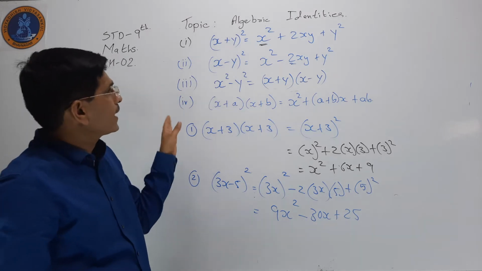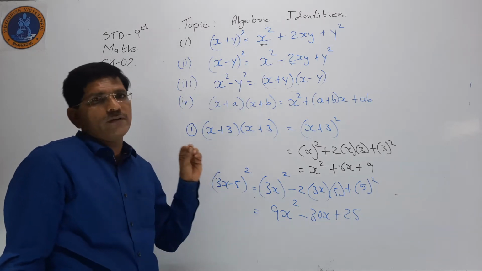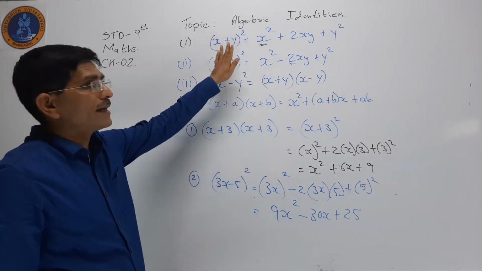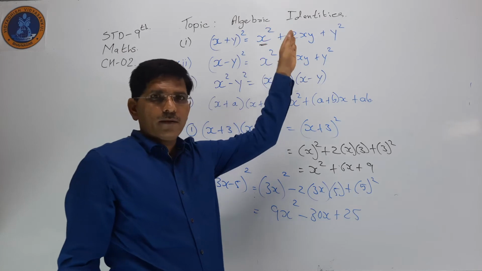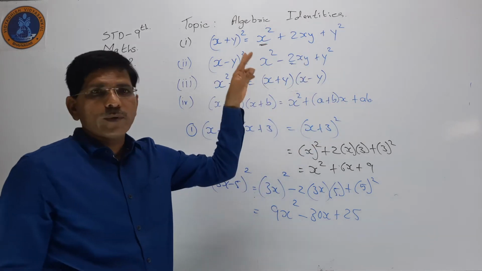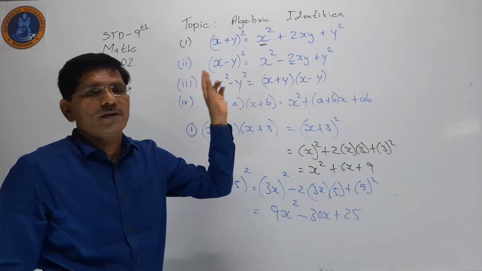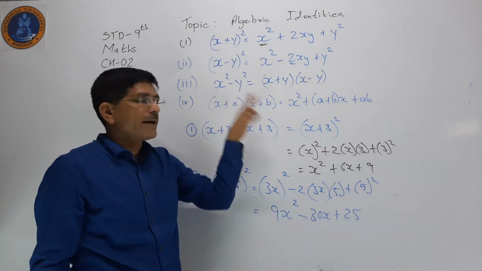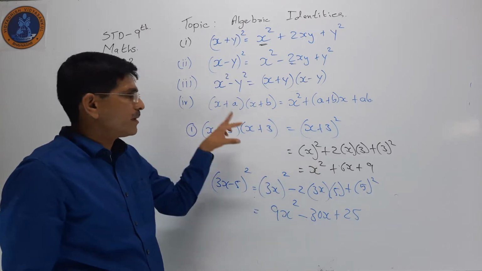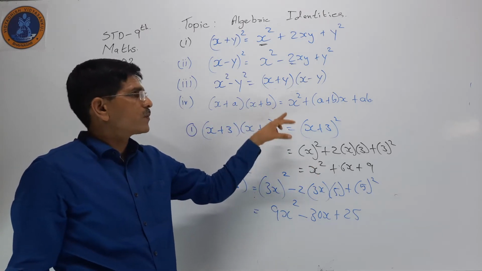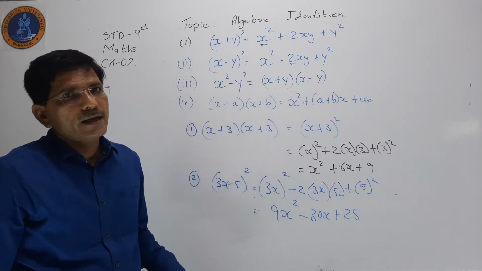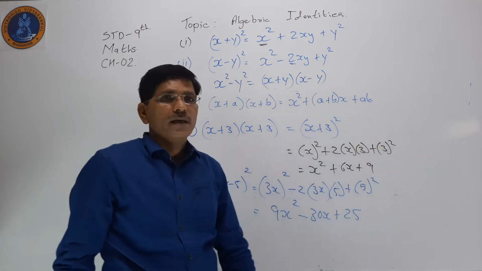So the four identities are compulsory; first of all we have to learn them. They are: x square plus 2xy plus y square; (x minus y) whole squared is x square minus 2xy plus y square; x square minus y square is (x plus y)(x minus y); and (x plus a)(x plus b) is x square plus (a plus b)x plus ab.